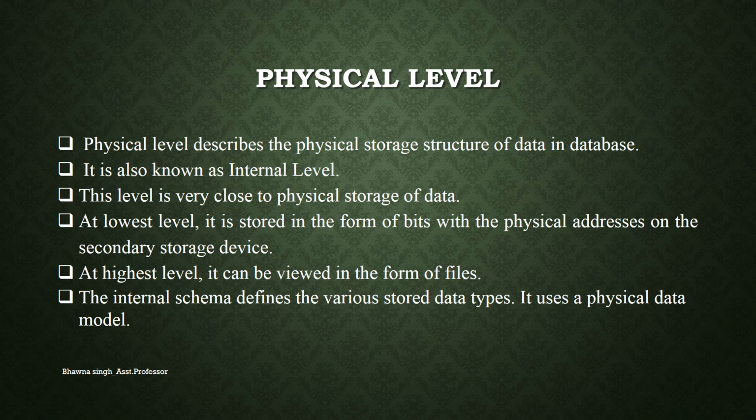So in short, at the physical level, whatever data we store in the database, it shows what space it occupies in the memory, or the physical addresses, and it is stored in the form of bits. That is known as the physical level, as well as the internal level, meaning how data is internally stored inside the database.